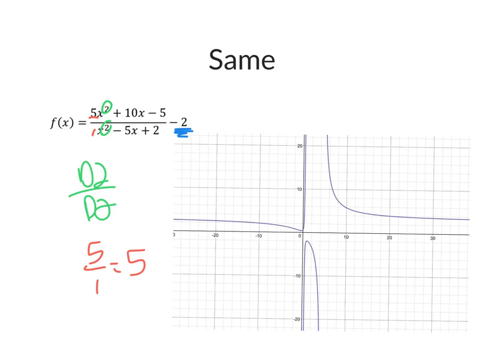And because we are shifting this down 2, if we take our leading coefficients of 5 and shift it down 2, we end up getting a horizontal asymptote of 3. And it's tough to see here. Each one of these markers are 2, so that's 2, that's 4. But if we go halfway between, that's 3. And again, we can see that our horizontal asymptote should be at 3, and that's where our graphs sort of ride along that.